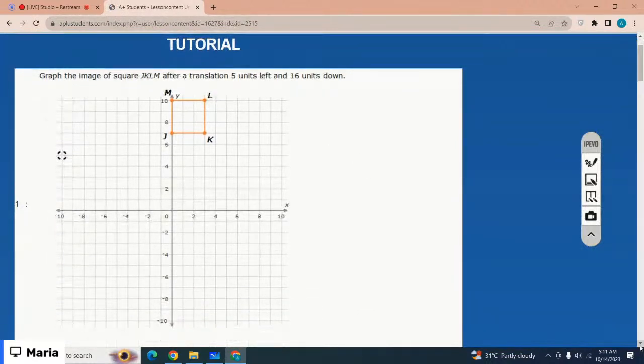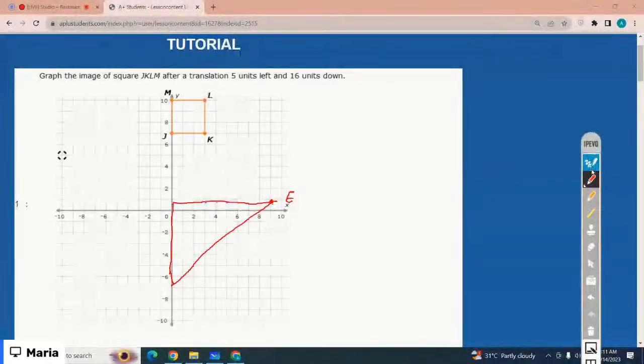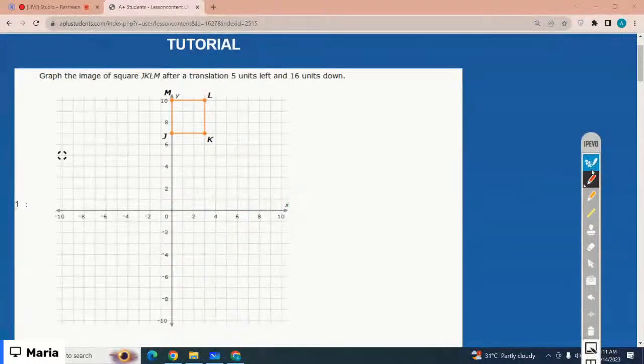Graph the image of the square JKLM after a translation 5 units left and 16 units down. Okay, you have to do 5 left and 16 down. First, let's just move 5 left. 1, 2, 3, 4, 5.